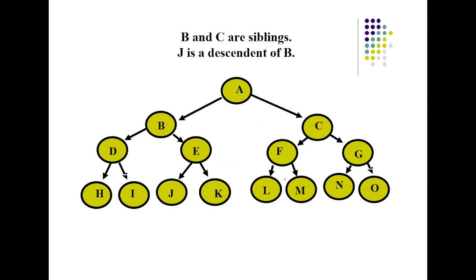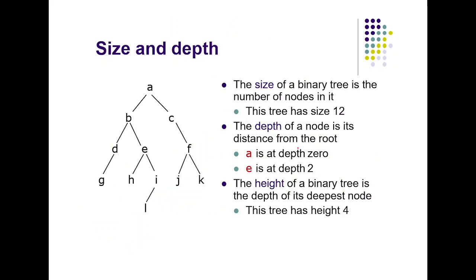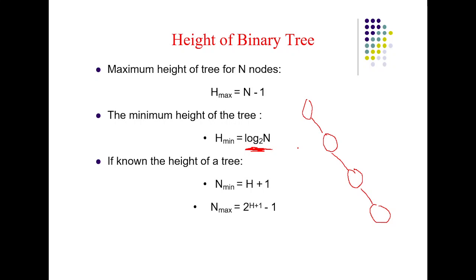So if we have these 15 nodes, the minimum height will be 3. Here you can see that this is a tree having a height of 3, and with 15 nodes this minimum height is possible. We cannot achieve less height than 3 in case of 15 nodes. So in case of n nodes, the minimum height will be log n.